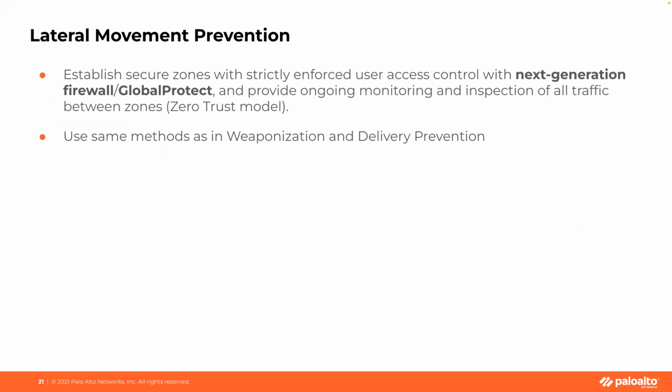So we should never consider that internal hosts are trusted. There are many reasons why they might not be trusted, because it could be compromised, as in the example we've been talking about. It could be a disgruntled employee.